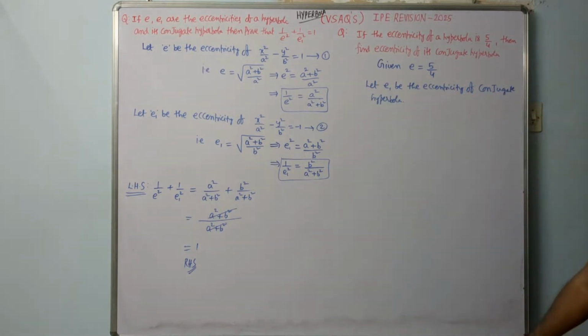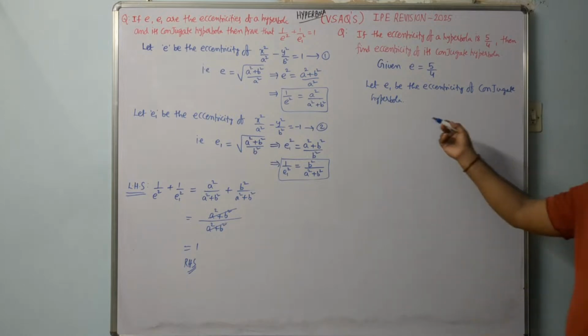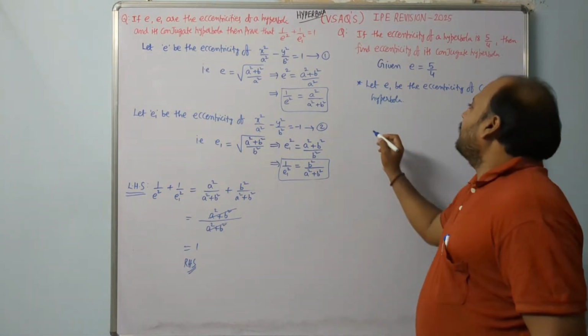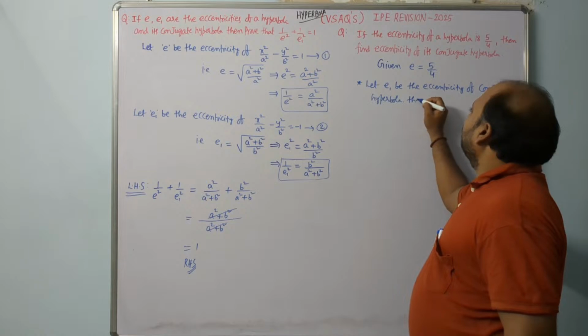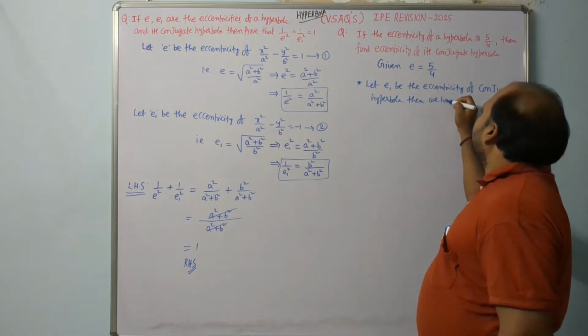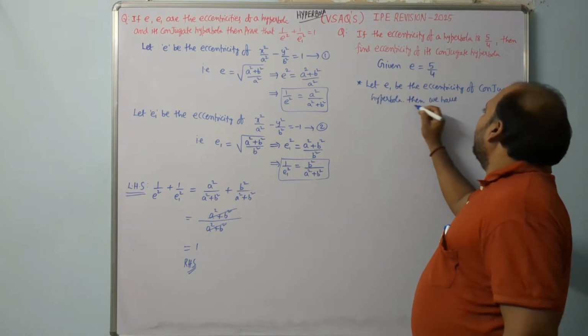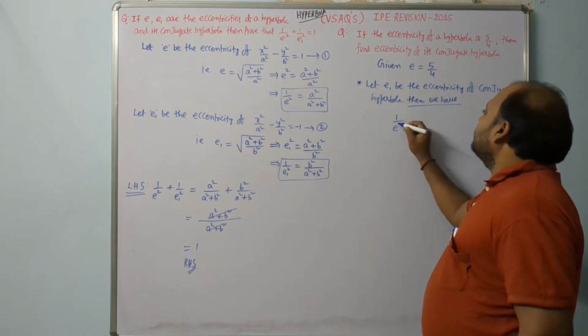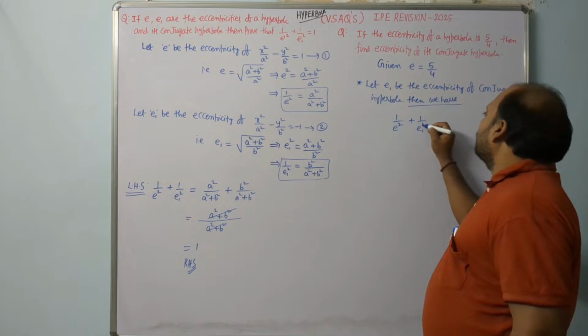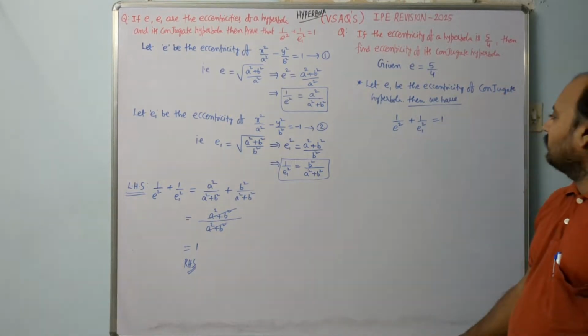Okay. After that, we have the relation between E1 and E. Then we have 1 by e square plus 1 by E1 square equal to 1.